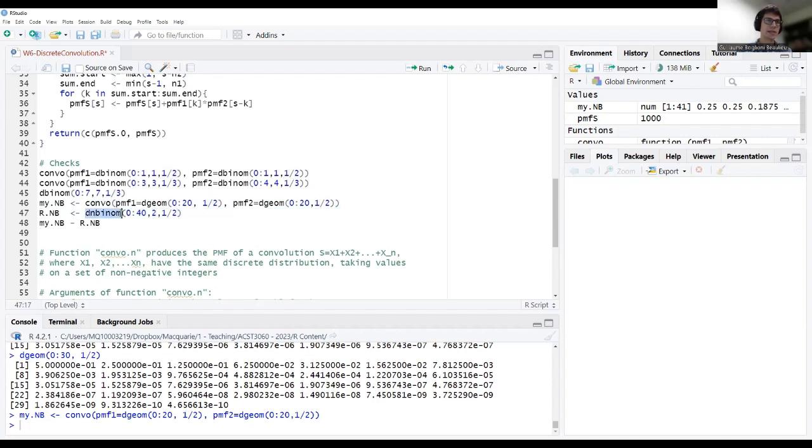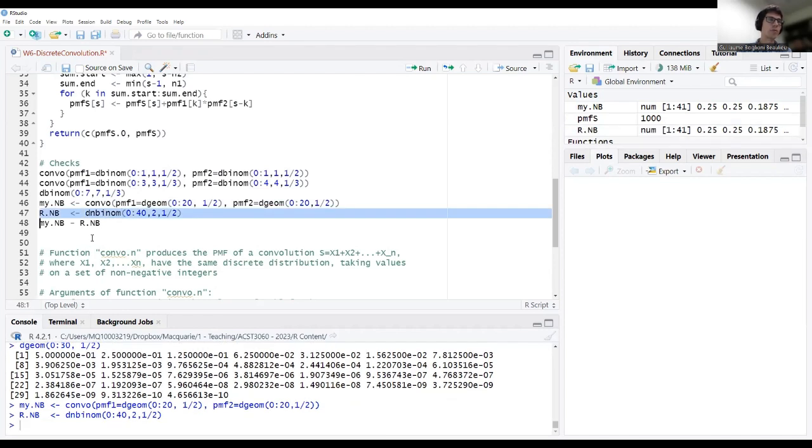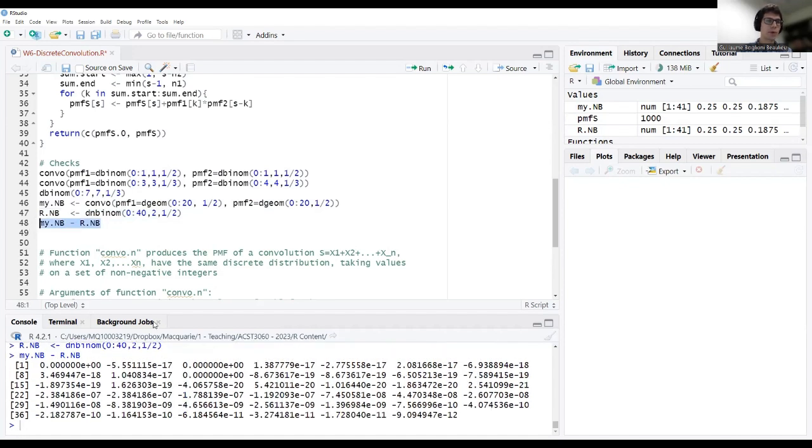R already has the density of a negative binomial implemented. So I can compare mine with the R one, element by element, to see that they all match. Oh, you see, there's a little bit of mistake, but the mistake here is truly small, on the order of 10 to the minus 17. So those numbers are small. The mistake is a bit bigger for large values because I'm stopping at some value here.